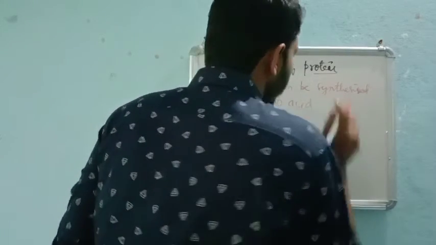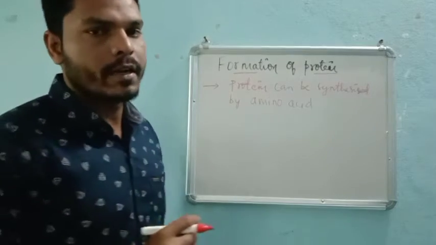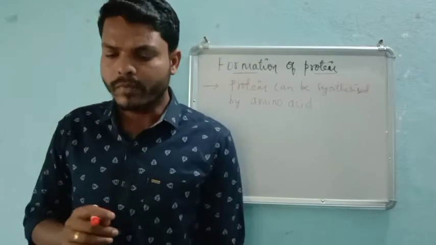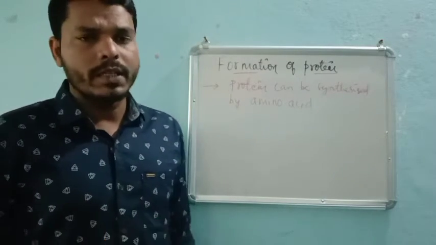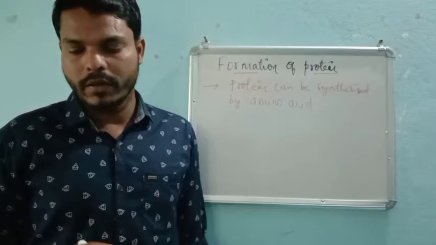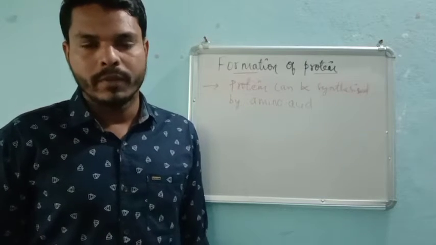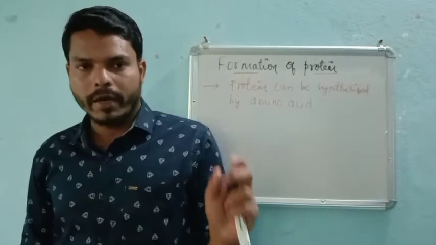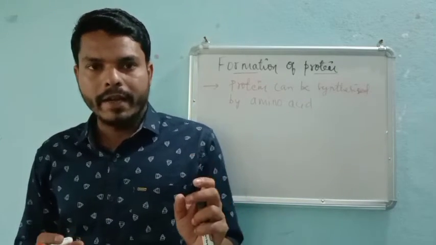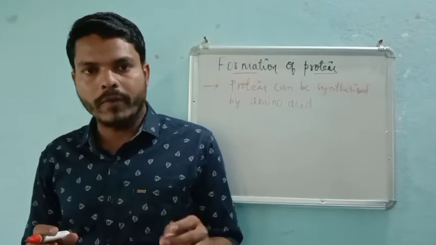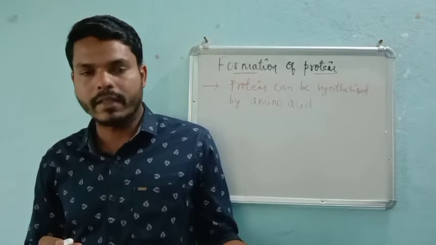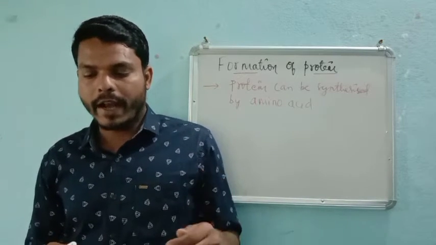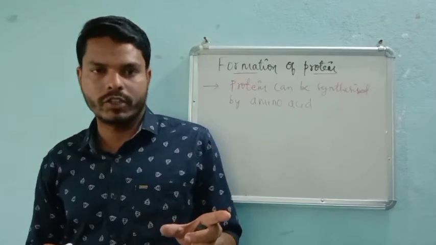First point: we already know the amino acid general structure, right? During the formation of protein, the COOH group of one amino acid and the NH2 group of another amino acid interact to form a peptide linkage, right?